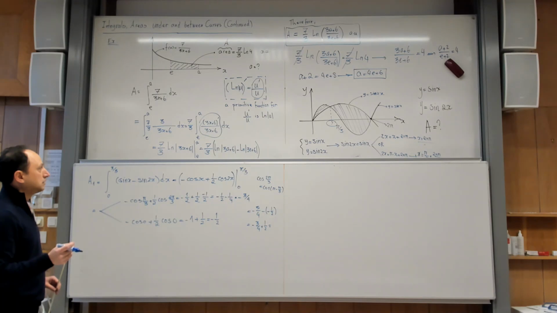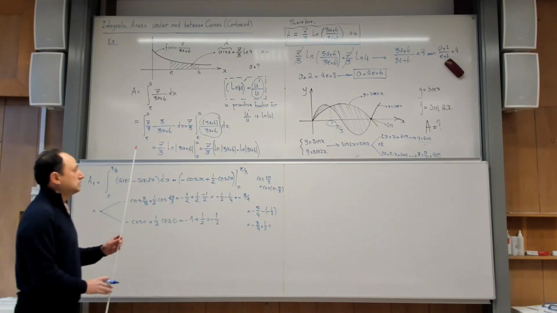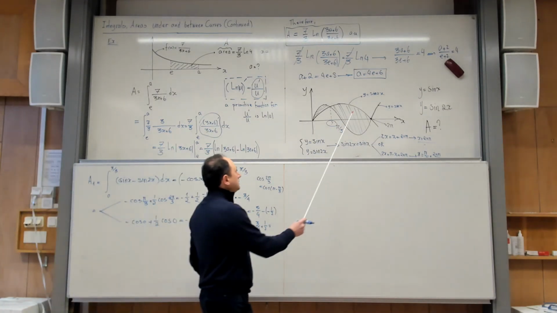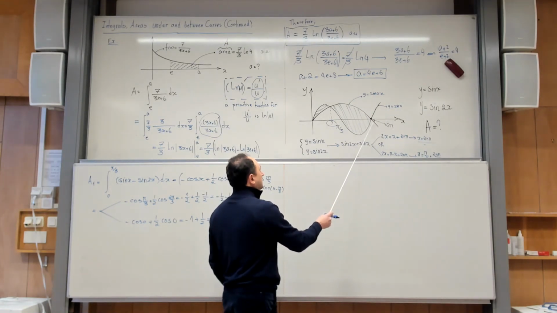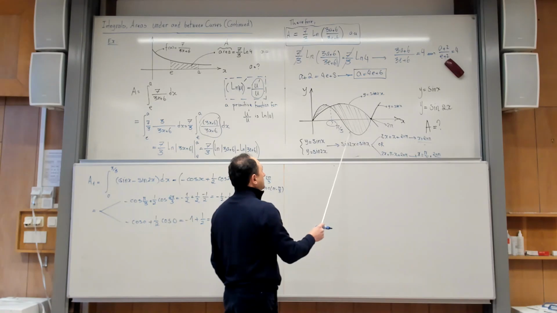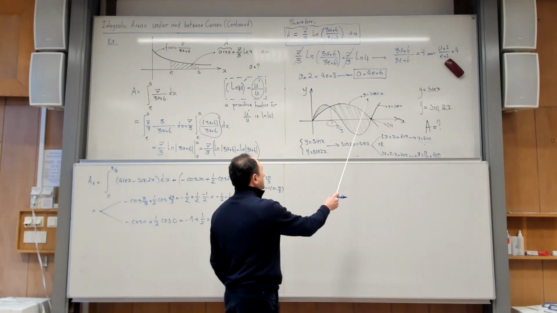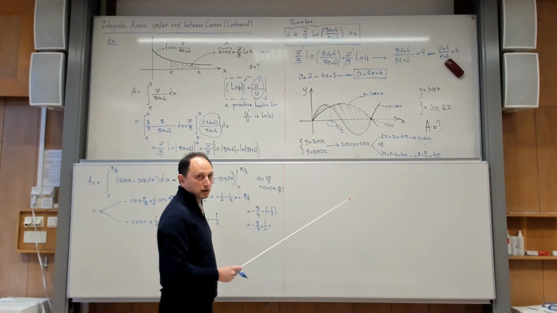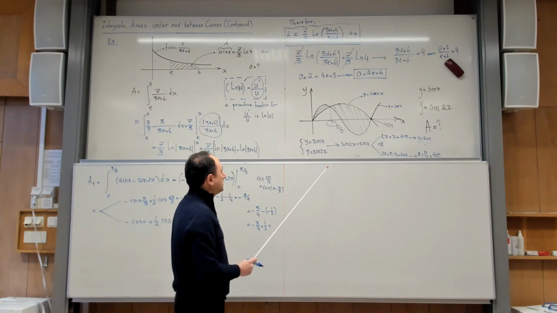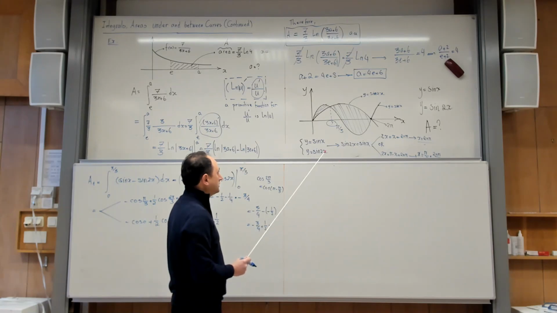Because I used a calculator and it shows that. No, so let me see. The period of sine x is 2 pi, and that is one period, isn't it? And then the period of sine 2x is supposed to be smaller, pi, isn't it? Yes. Okay, so you are right. You are completely right. I messed up.